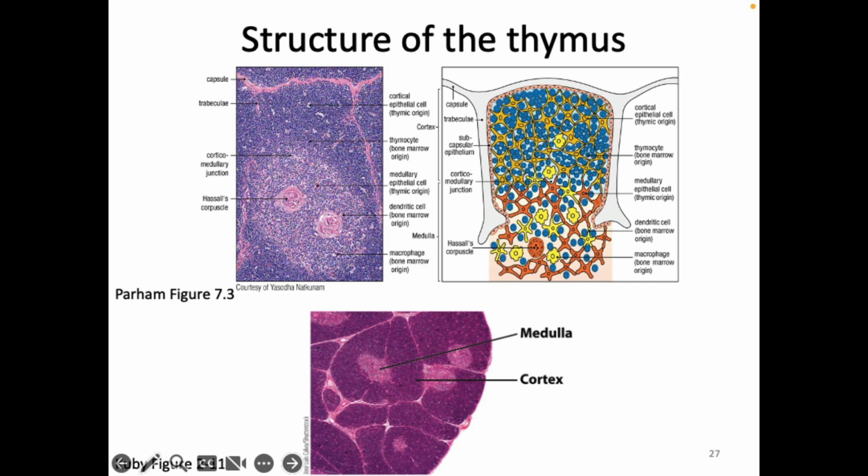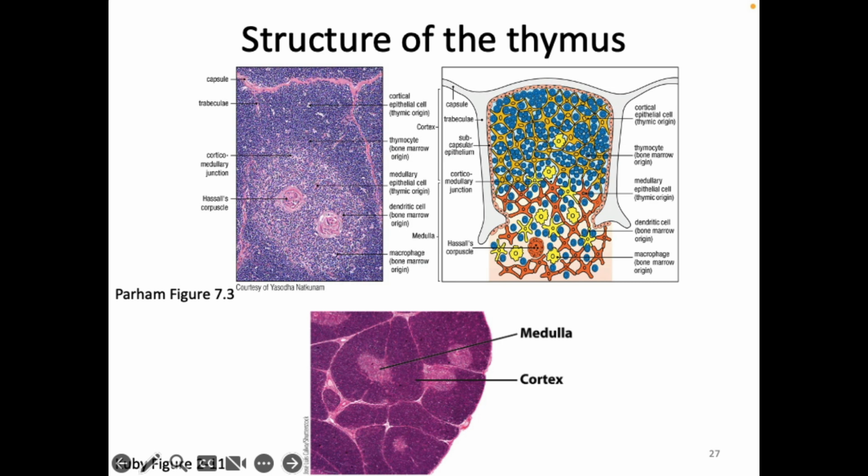What is the difference between the cortex and the medulla? Yeah, David. Color. The color, right? The cortex in both of these images is a darker color than the medulla, right?